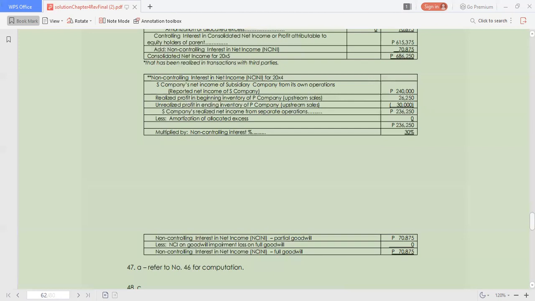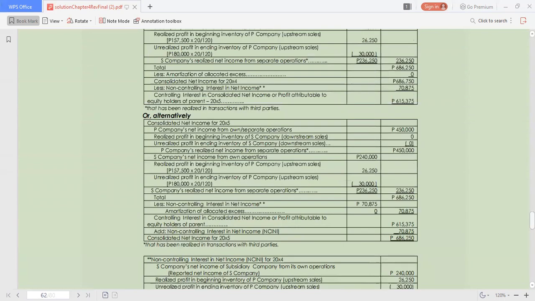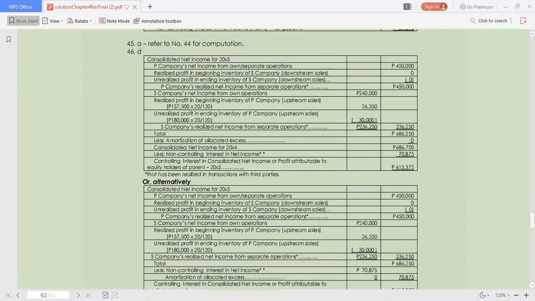So we have 236,250, and we multiply it by 30%. So we have now 70,875. Remember that number 46 now involves 20x5. So the answer to number 46 is D as in dog. You already have it in the computations.